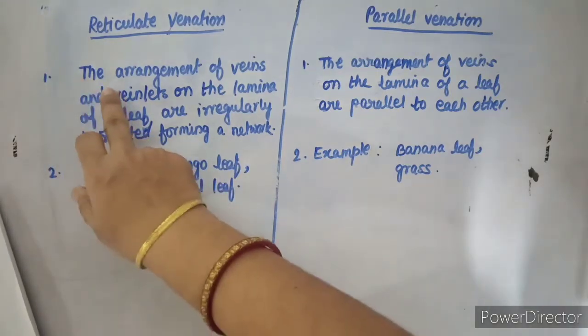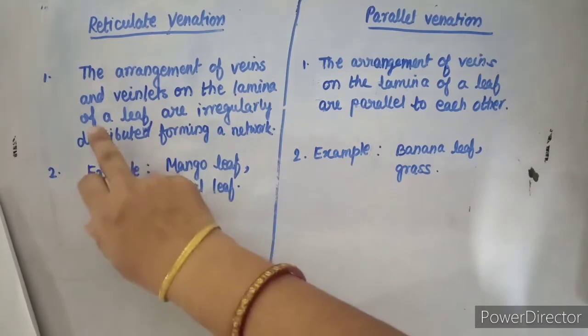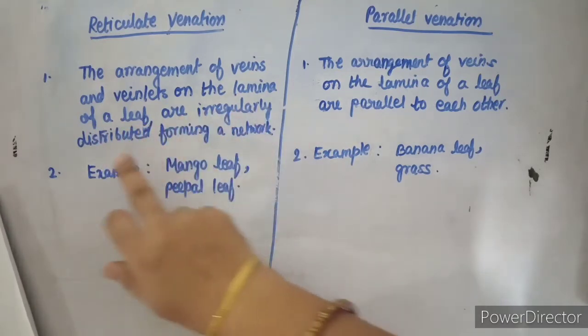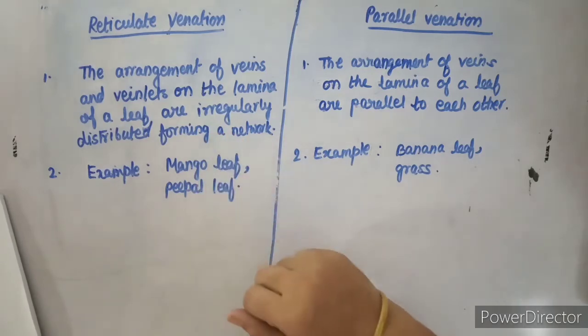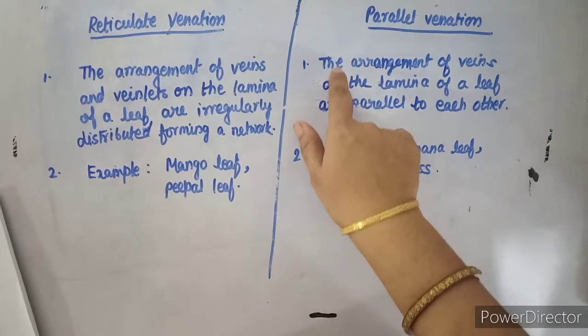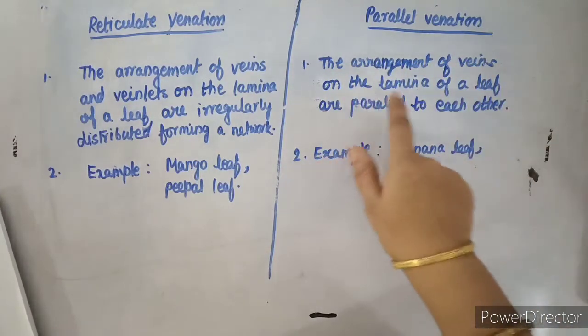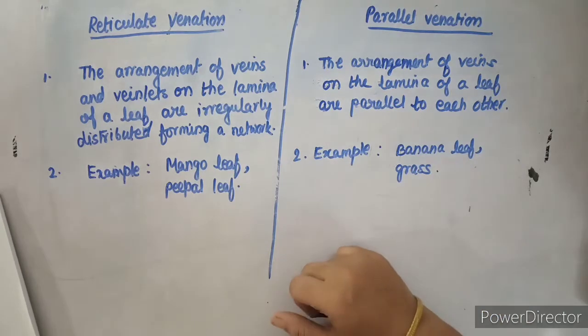First point: in reticulate venation, the veins and veinlets on the lamina of a leaf are irregularly distributed, forming a network. Here in parallel venation, the veins on the lamina of a leaf are parallel to each other.